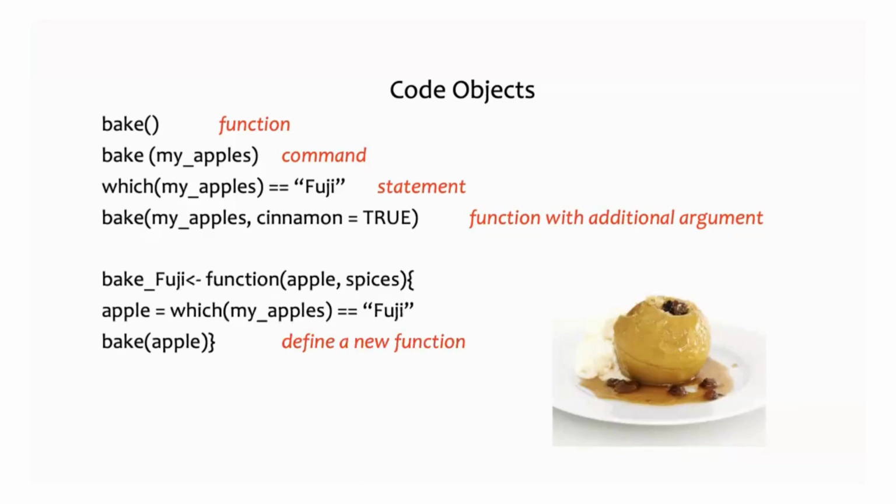You could define a new function that looks for which of the apples in my apples is called Fuji and then only bake that apple. So this is what it looks like to create a new function if you felt like having a function that was so specific about baking the Fuji apple. And then you could name this whole script bakedapple.r, and then you could save that script and open it up later.